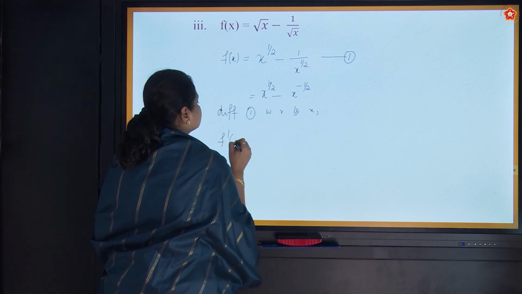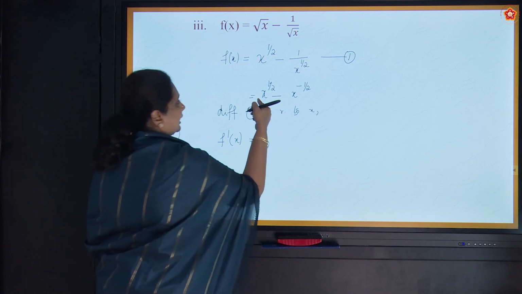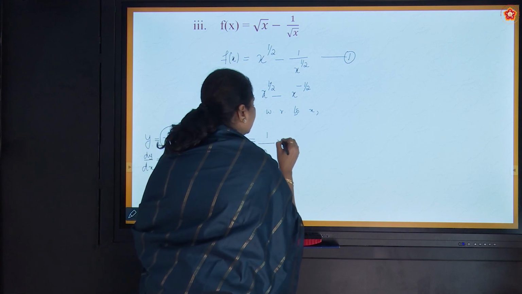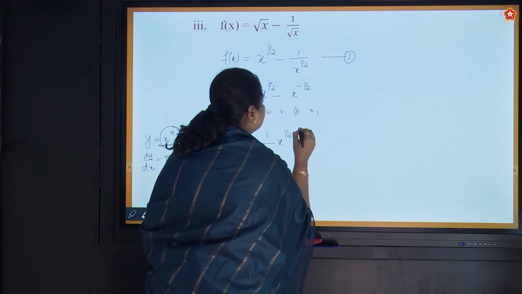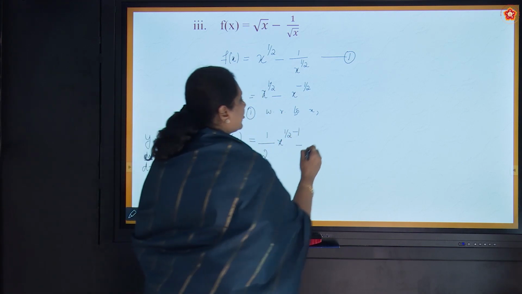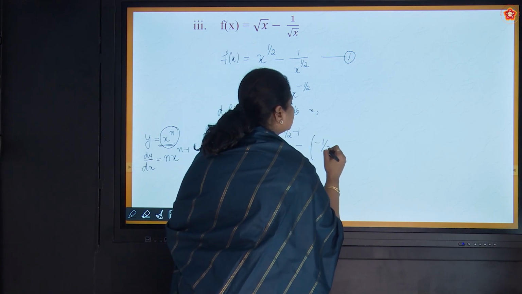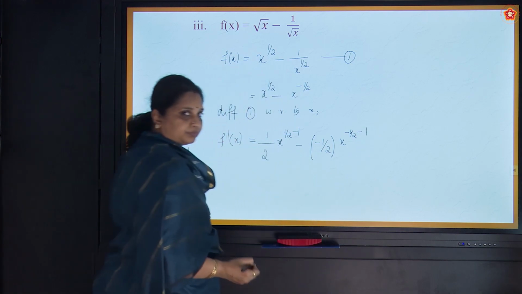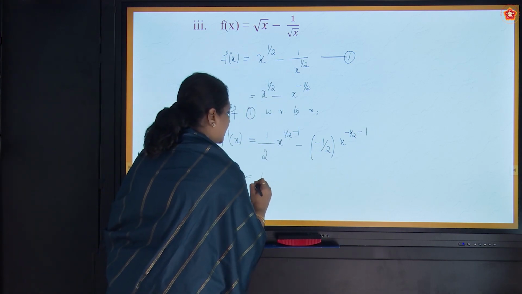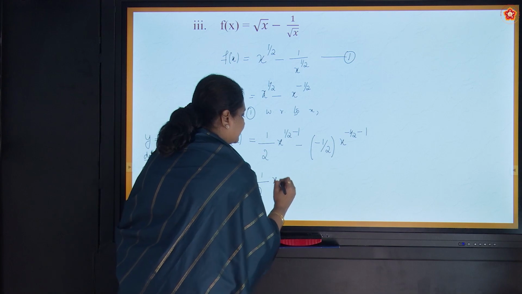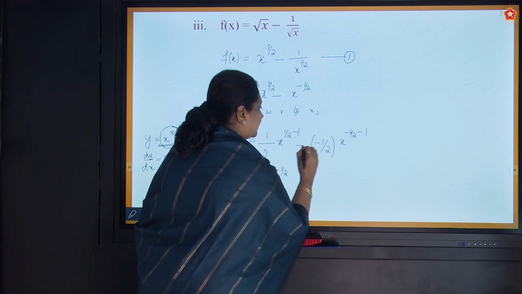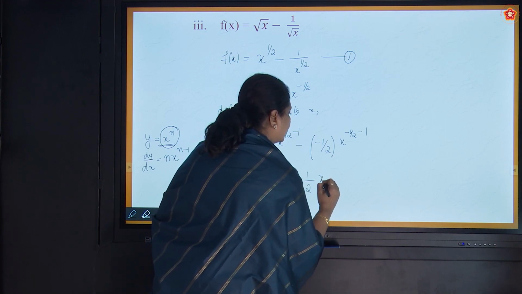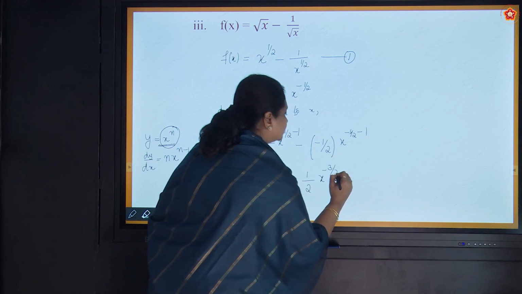F dash of x is equal to x power half on differentiation gives me half x power half minus 1, minus half into x power minus half minus 1. So this is half x power minus half, minus into minus plus half x power minus 3 by 2.